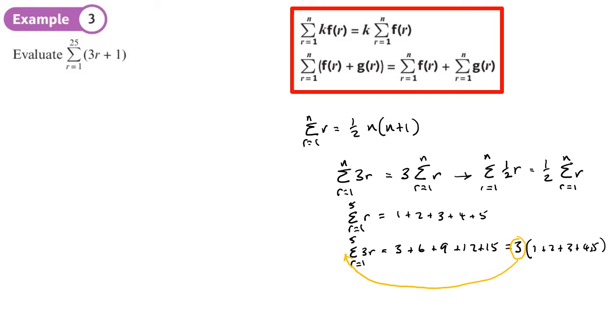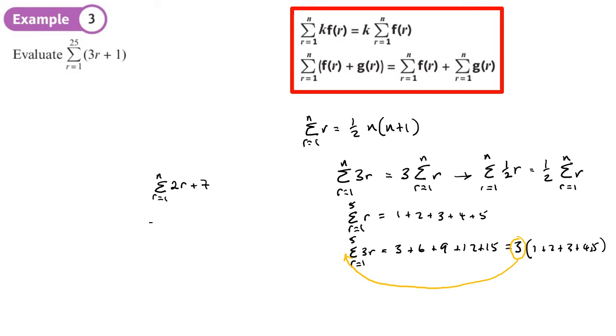The second rule that we have is sometimes you get the sum of a mixture of things. So far we've just had the sum of r's or the sum of numbers. What if I had something like this? The sum of 2r plus 7.